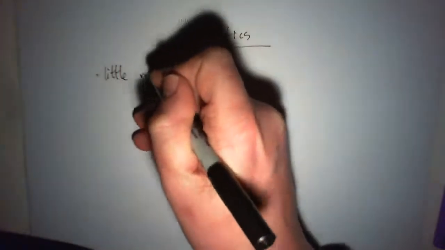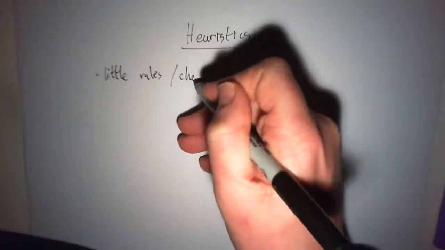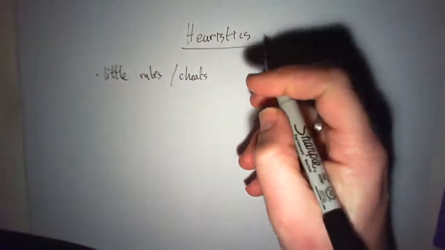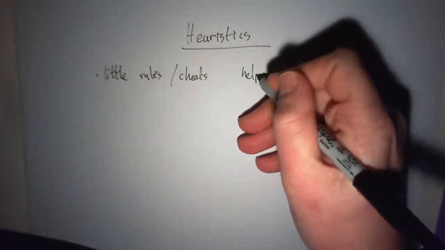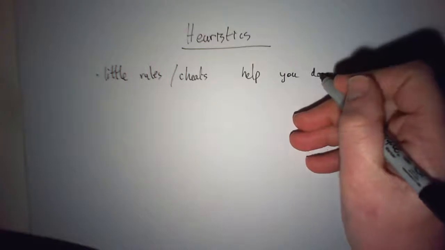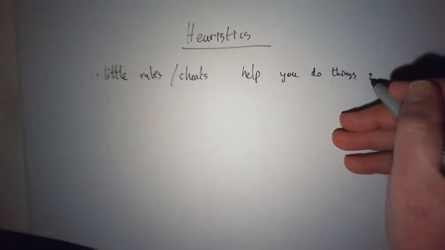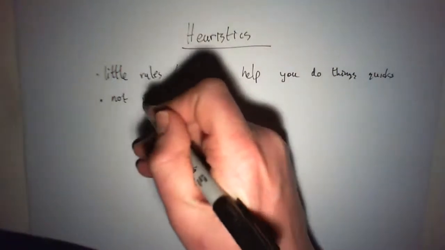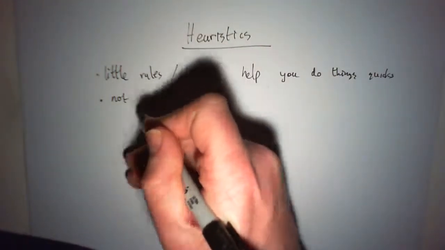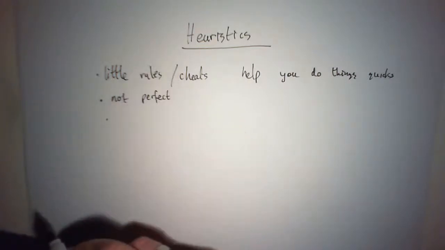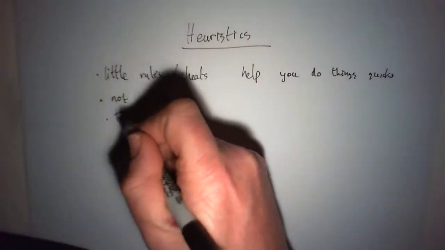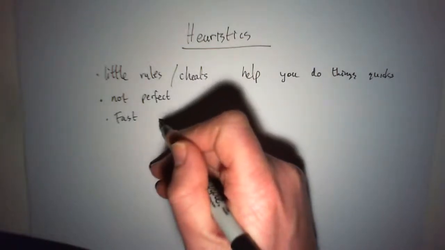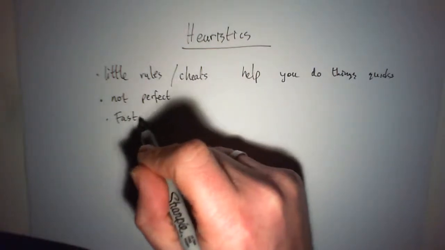So heuristics, they're little rules, cheats, for want of a better word, that help you do things quickly. They're not perfect. We'll talk about that in a second. They're definitely not perfect. They're fast, very, very fast.